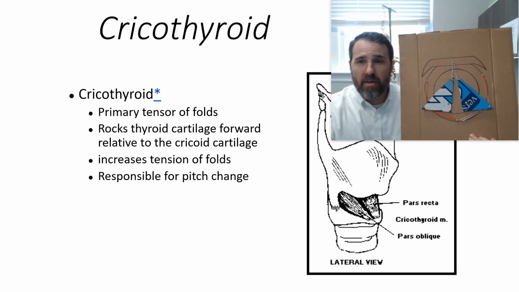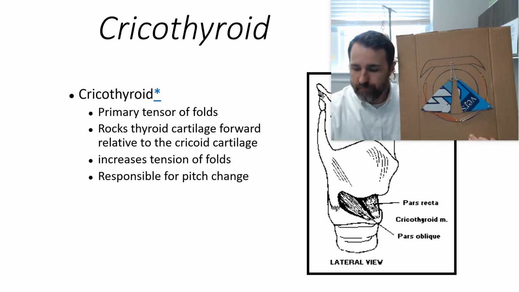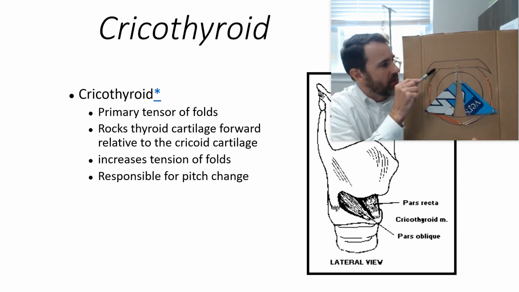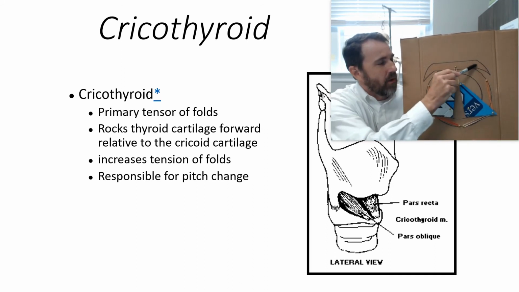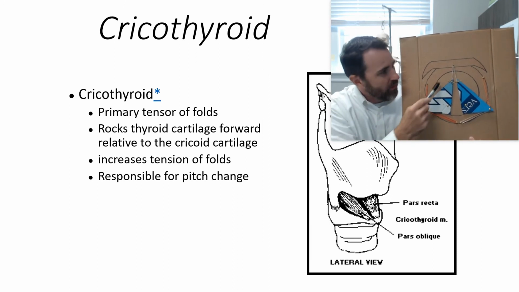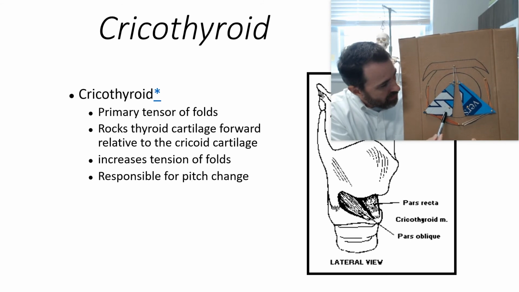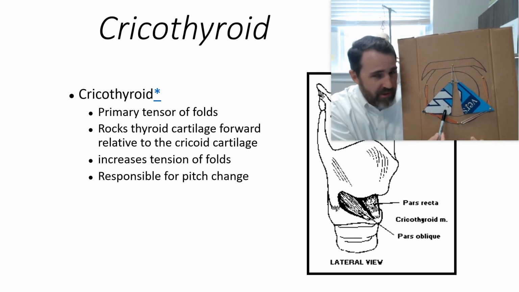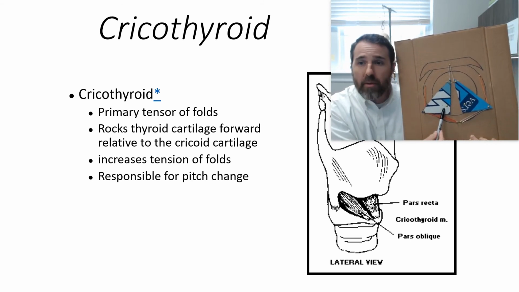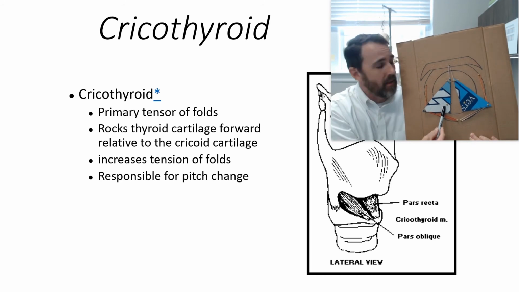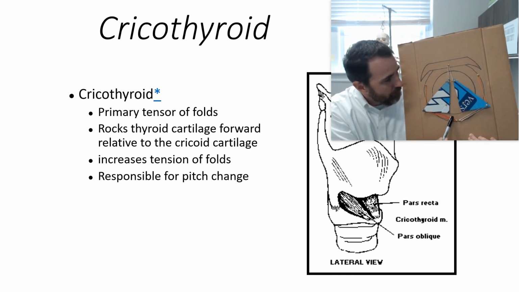Okay, so let me show you this mechanical demonstration I have here. This represents the thyroid cartilage. This ring represents the cricoid cartilage. These pieces represent the arytenoid cartilages sitting on top of the cricoid cartilage.